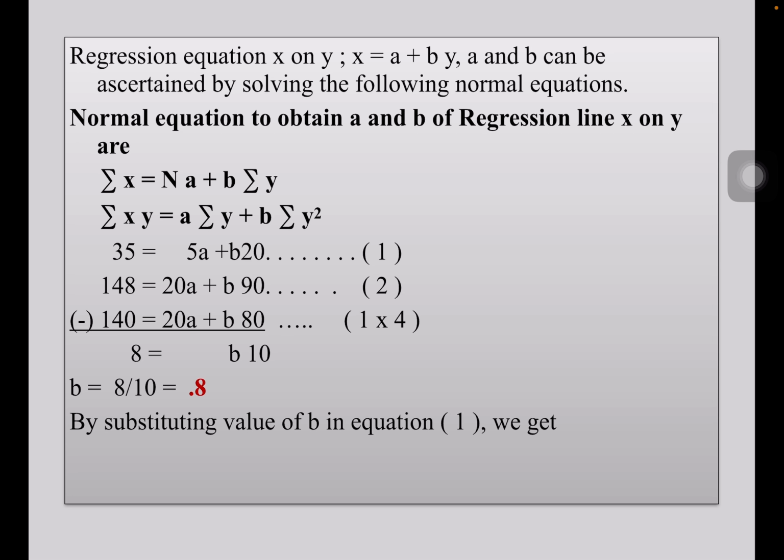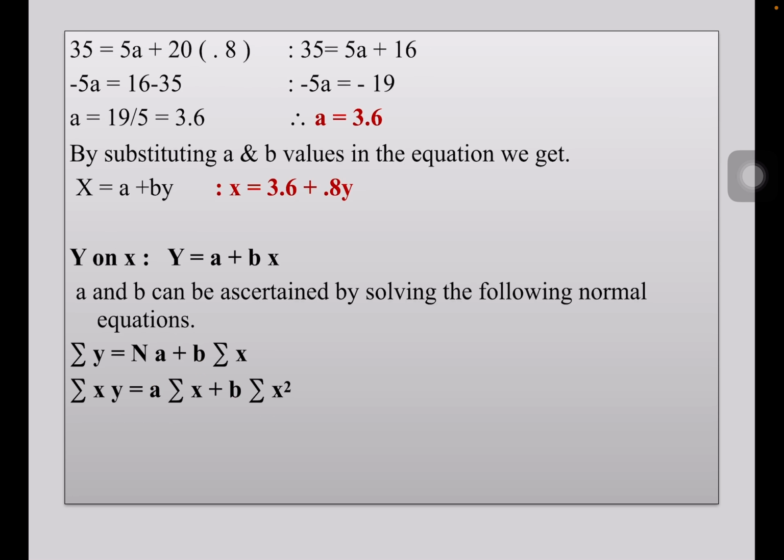By substituting 0.8, that is the value of b, in the first equation, we can obtain the value of a. Now, it becomes 35 is equal to 5a plus 20b. So, b is 0.8. When you multiply 0.8 into 20, you will get 16. You know that it is 0.8, not 8.